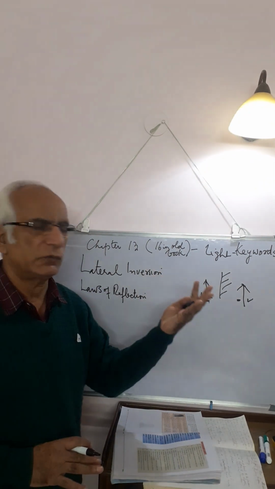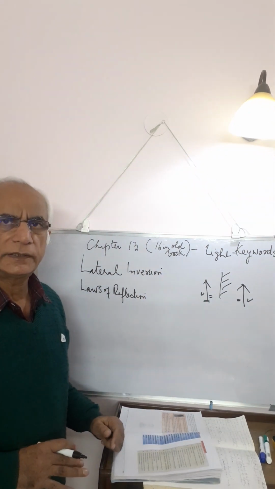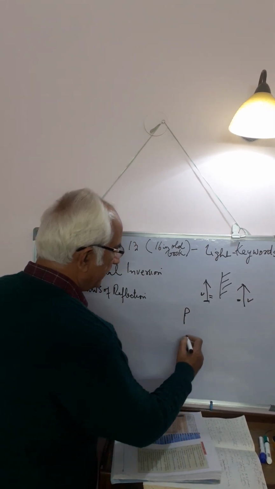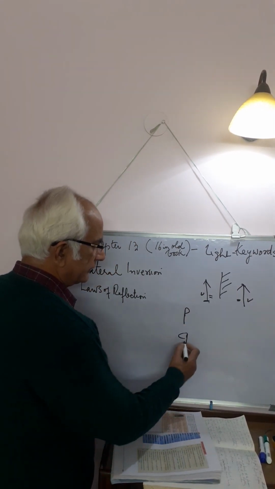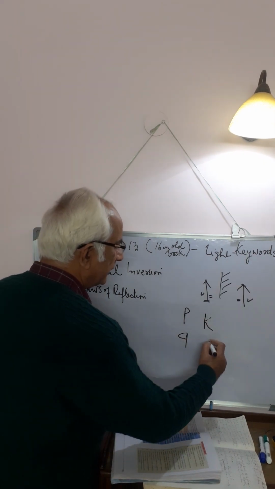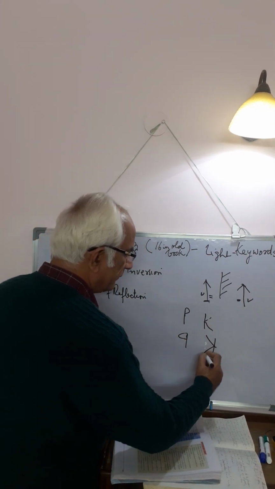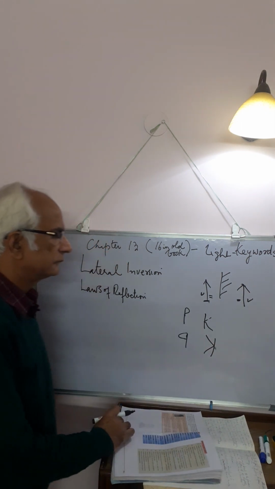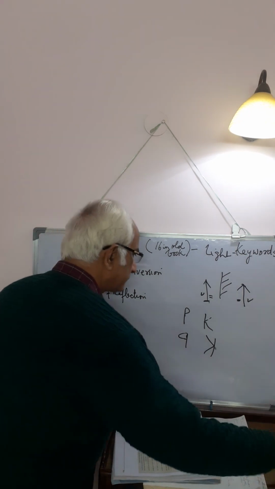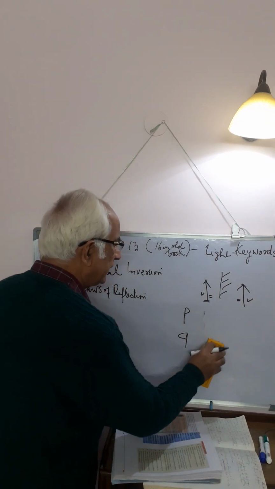That is called lateral inversion. ठीक है? अगर आप जैसे P लिखोगे मिरर के सामने तो आपको ऐसा दिखाई देगा. If you write K, K will appear like this. Okay? So this is called lateral inversion.